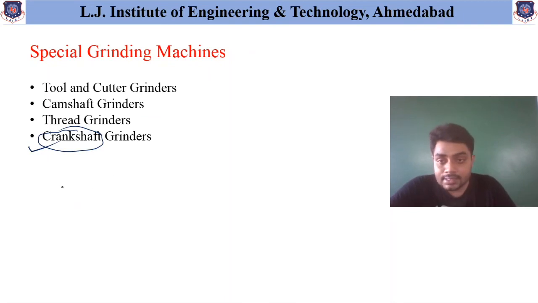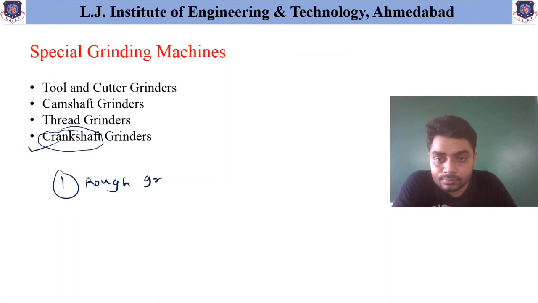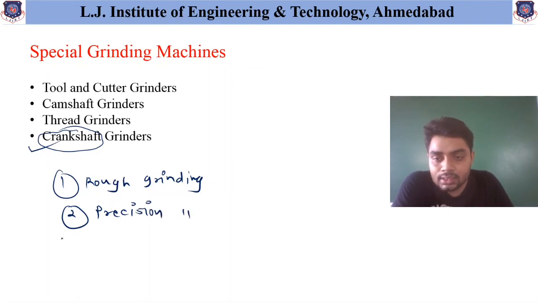If we summarize the basic main types of the grinding machine, the first one is the rough grinding machine. Second one, the precision grinding machine. Third one, the surface grinding machine.